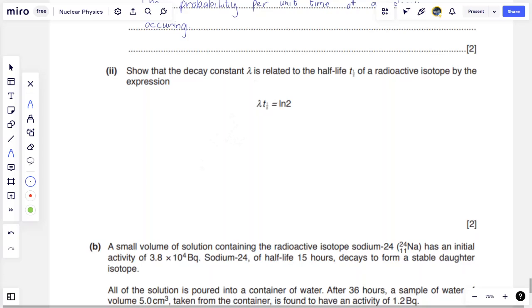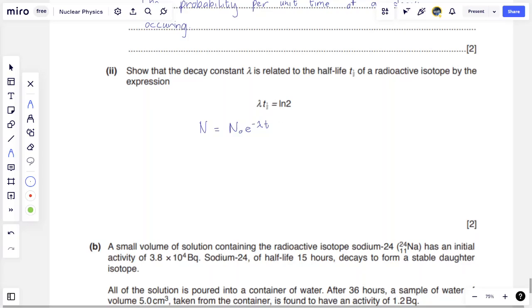Show that the decay constant lambda is related to the half-life T half of a radioactive isotope by lambda T half is log 2. So we finally get to derive this equation. What do I know? I know that a substance decays to a final number of radioactive particles N when its initial number is N0, and we multiply that by e to the minus lambda t.